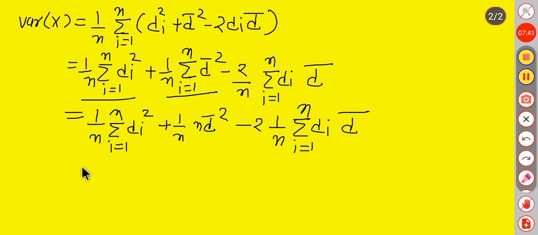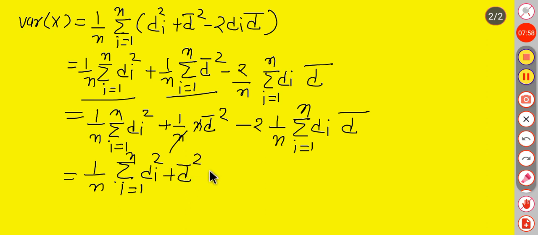Now again I am writing 1 upon n summation over i from 1 to n of di whole square, and the n will get cancelled, so plus d bar whole square, minus 2 d bar times d bar, which is 2 d bar whole square.